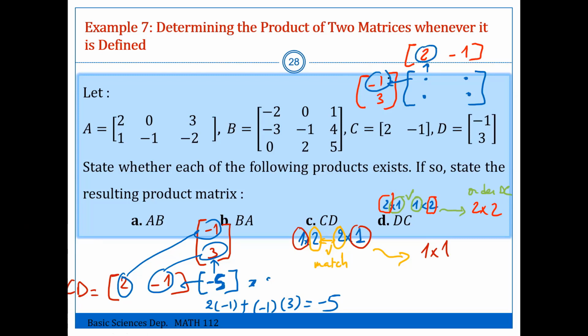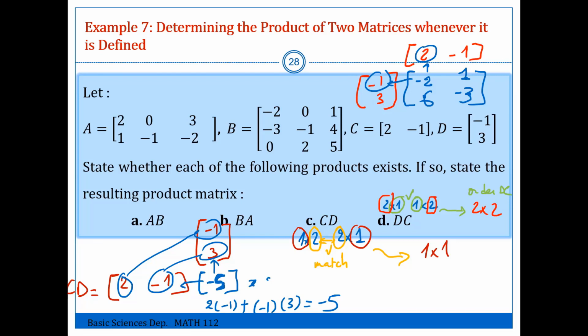So we multiply just -1 by 2. So here, alhamdulillah, no addition. So the element is first row, first column. So 1, 6, and -3. So CD and DC here both are possible, but totally different matrices.